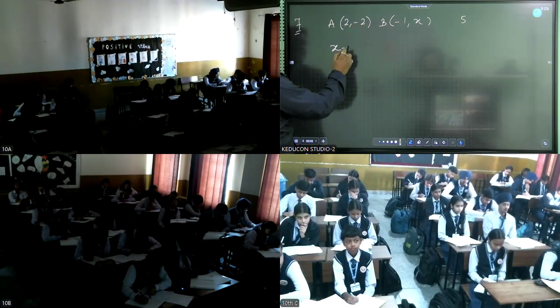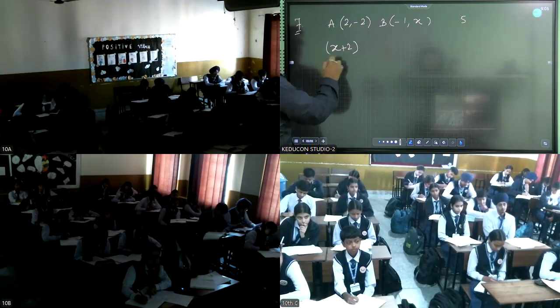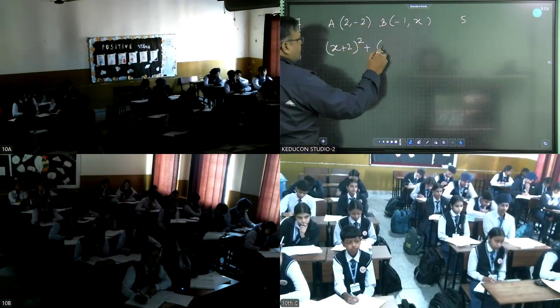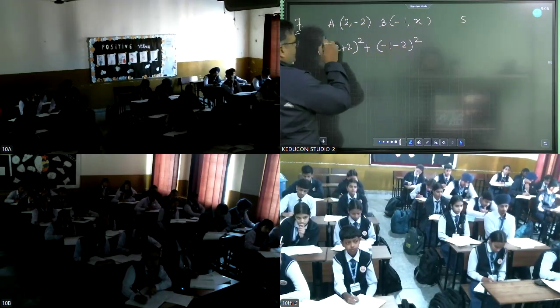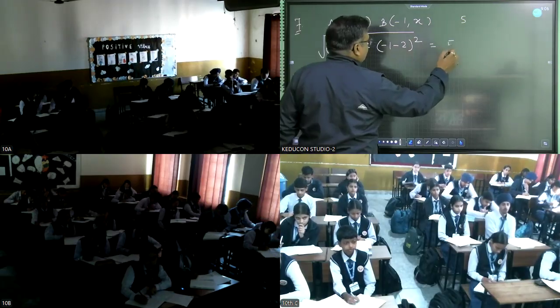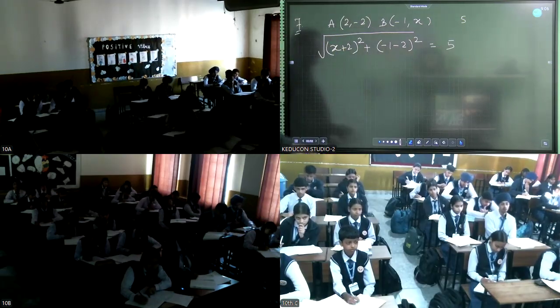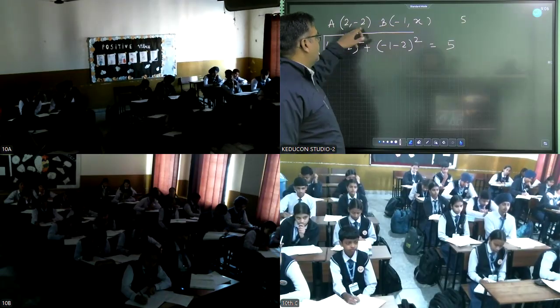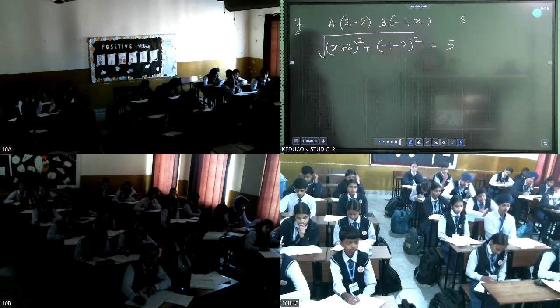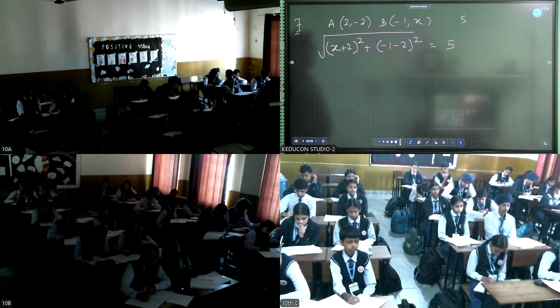x minus minus 2 whole square plus minus 1 minus 2 whole square, under root equal to 5. Is this clear, children? Yes. y1 minus y2 whole square plus x1 minus x2 whole square.